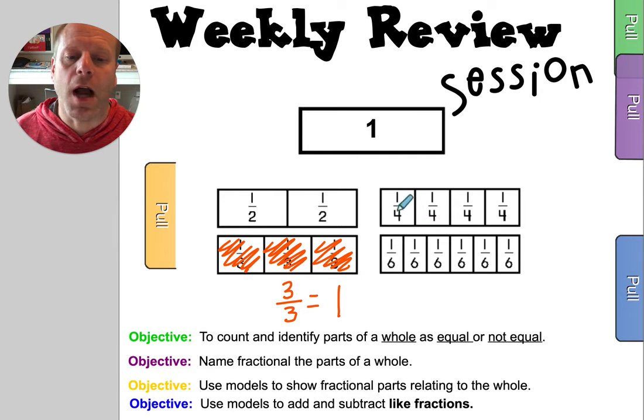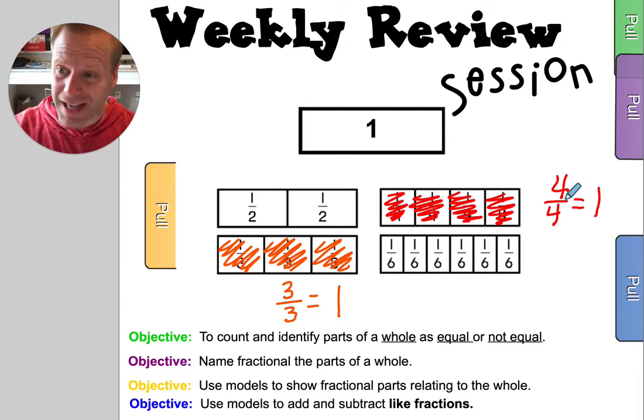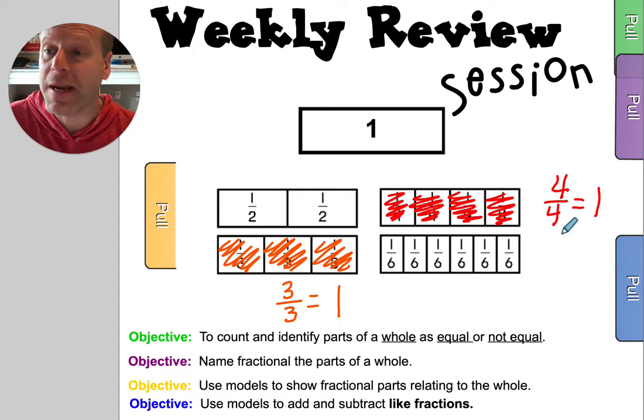Same thing here. It would take 4 parts. I'm going to change color to do this one. 1, 2, 3, 4. So I would have 4 out of 4 equaling one whole. So if the number on the top, the numerator, and the number on the bottom, the denominator, are the same, you get one whole because you have every piece possible.